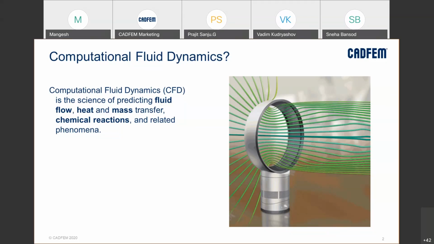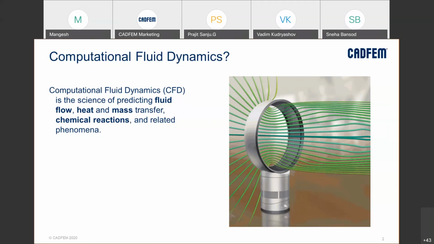It's a science of predicting fluid flow, heat and mass transfer, and chemical reaction related phenomena. Fluid dynamics deals with the flow of any fluid, its interaction in the form of heat and mass transfer, and its interaction in the form of chemical reactions.